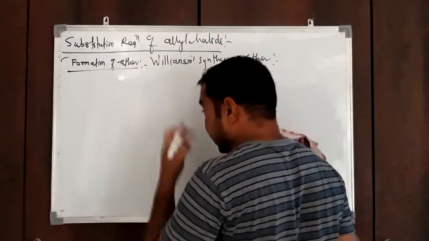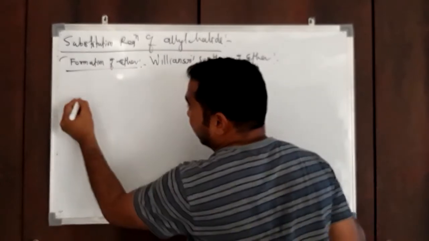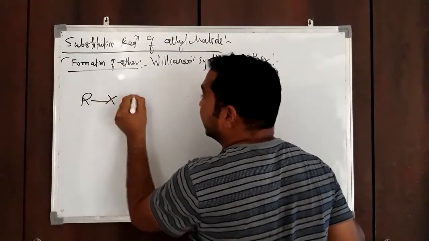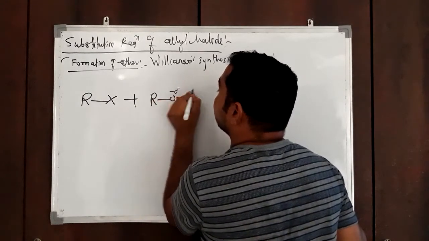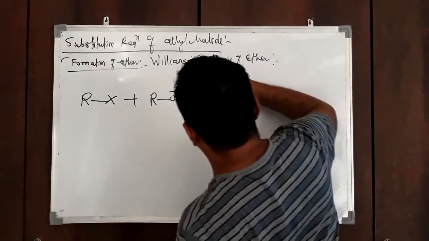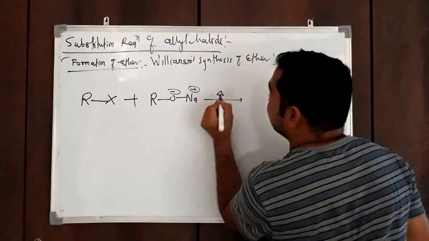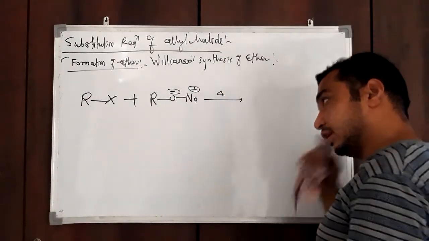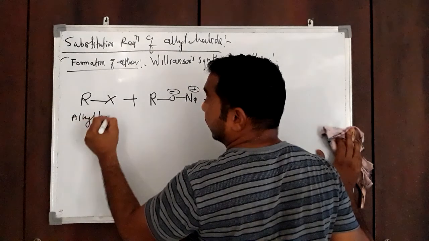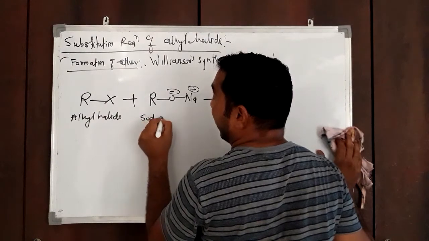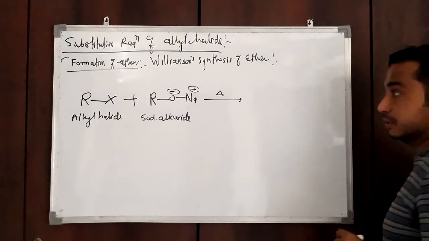Now, in this reaction, formation of ether, Williamson synthesis, alkyl halide is heated with sodium alkoxide. Negative, positive. Just heat alkyl halide with sodium alkoxide. Then what happens?